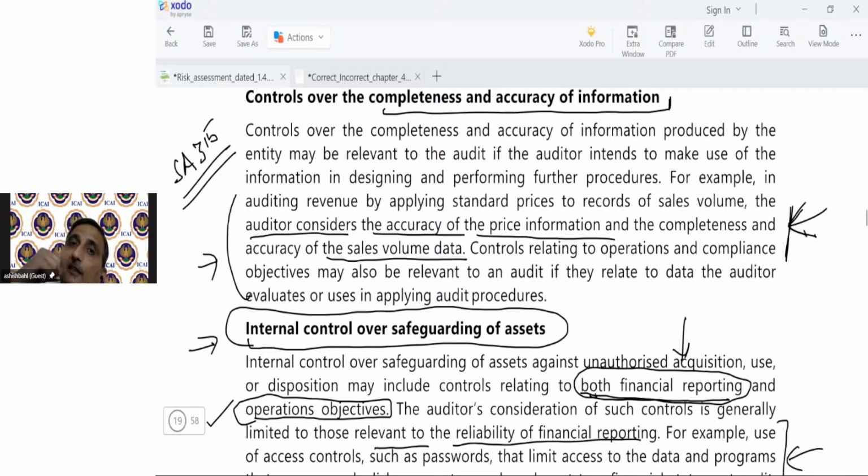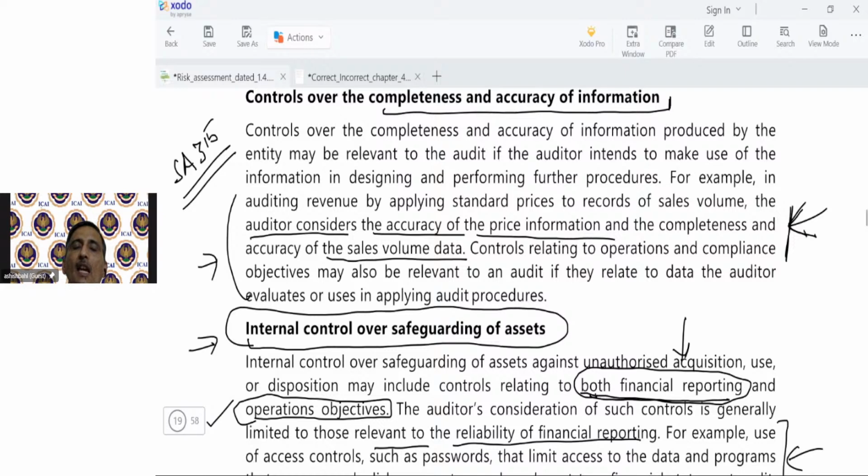Okay, so he would see whether the controls over the prices are operating effectively, and whether the controls over the quantity sold are operating effectively. So he would ensure that controls over completeness and accuracy of information are working properly.